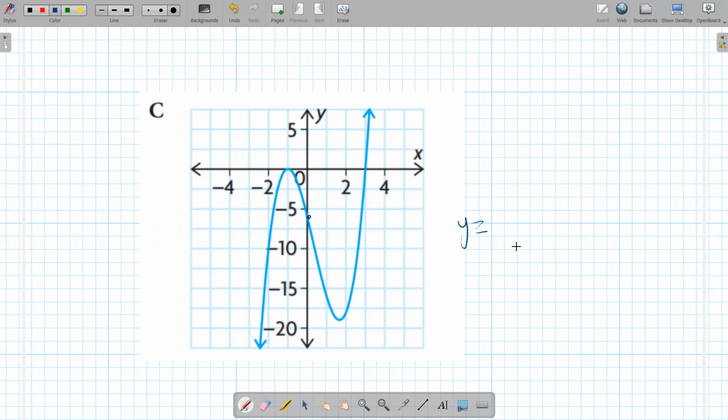Negative 2 and negative 10. Exactly, you can use that to find the a value. What is the equation for this? It is x plus 1, and you're missing something with the x plus 1. Squared, and then x minus 3. Perfect, one and done.